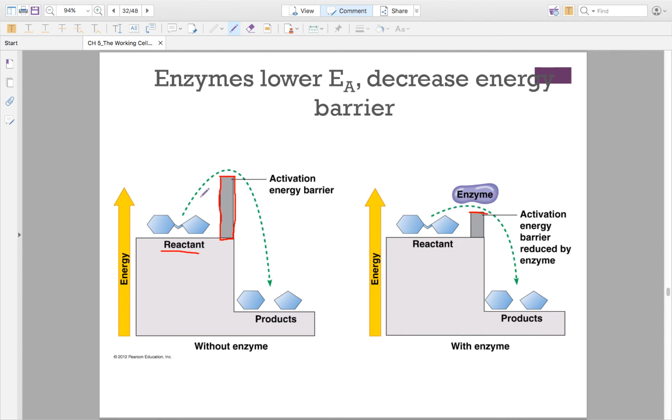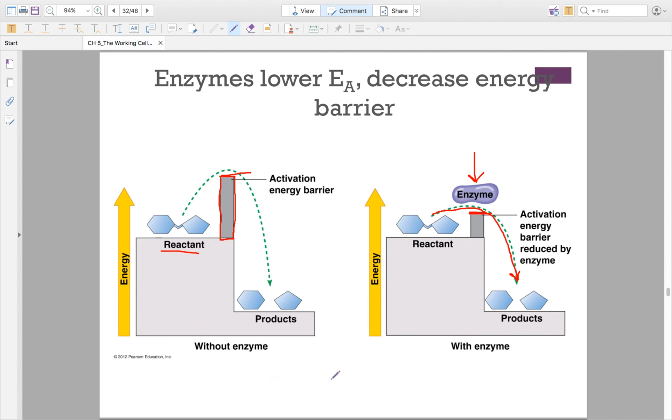See how it's been reduced drastically from here to here in the presence of an enzyme? It reduces the activation energy, and that is why the reaction happens faster. That's what a catalyst is.